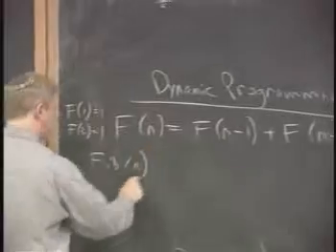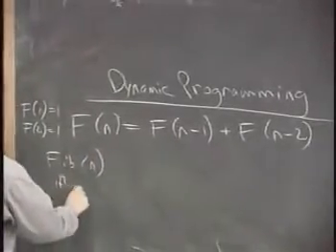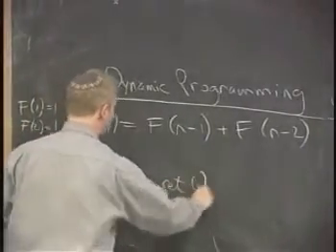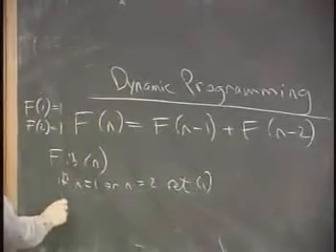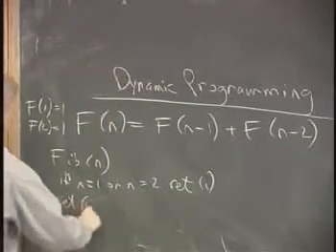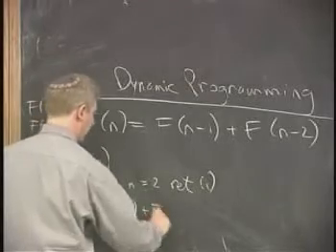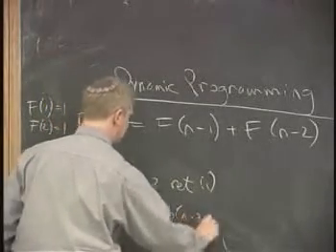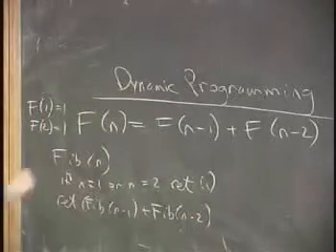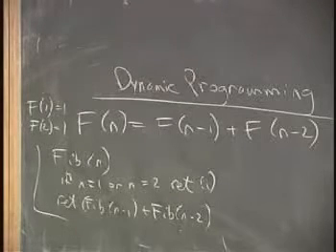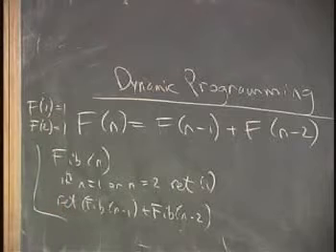Fib of n, if n equals 1 or n equals 2, return 1. Otherwise, return fib n minus 1 plus fib n minus 2. Okay? So whatever language you write it in, it looks more or less like that. And that's a recursive algorithm. It's 2 lines long. It mimics the recursive definition.